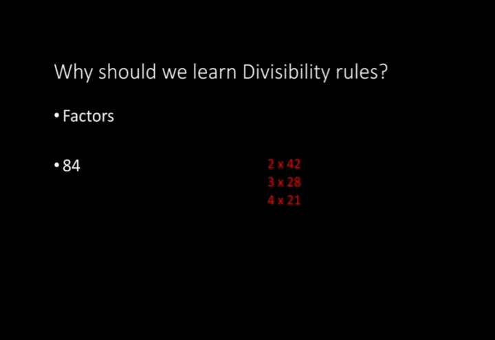And what is another use of these divisibility rules? If we have any fraction like 234 by 54, we need to simplify it to its standard form. How will I do it?